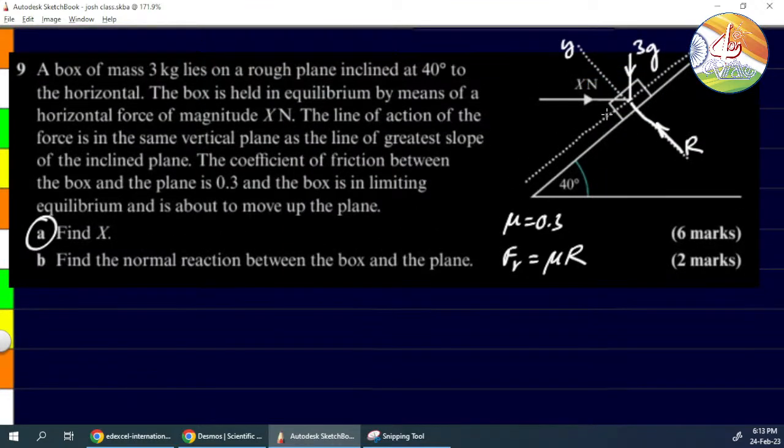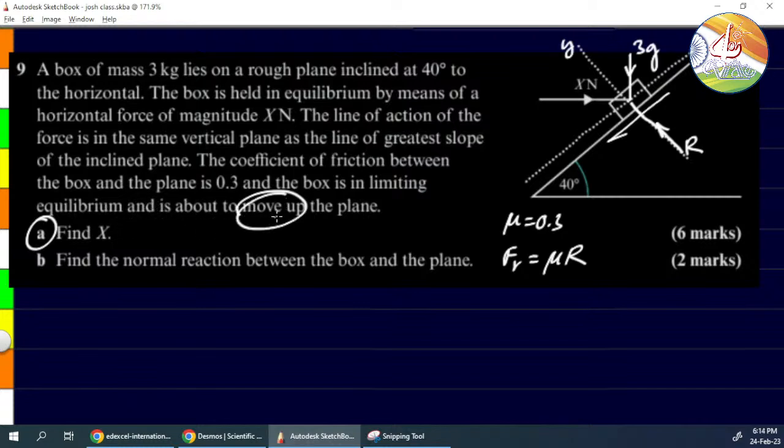Yes. Then which other force? This force now. What is this? Friction force, right? Yes. Is the box moving upwards or downwards?